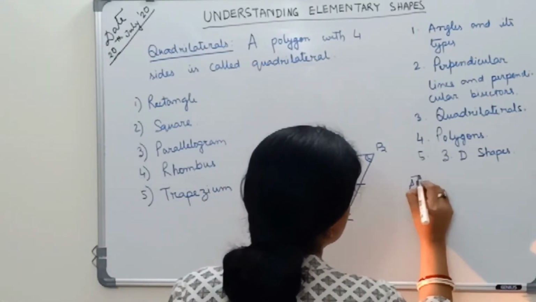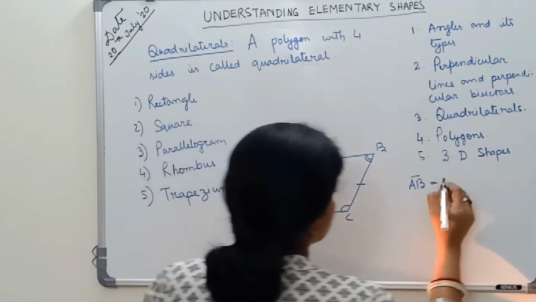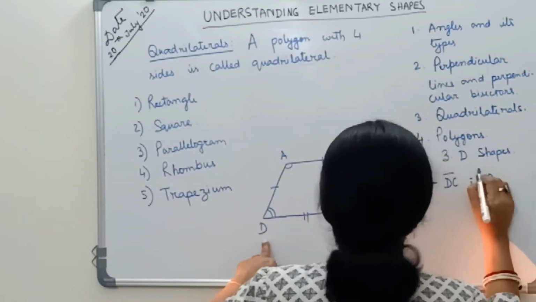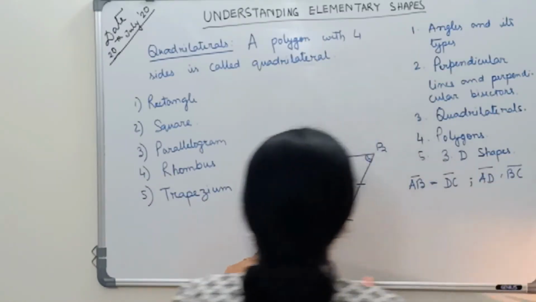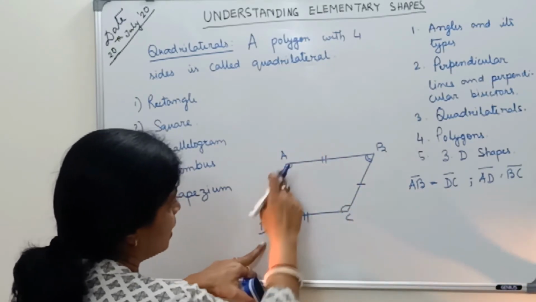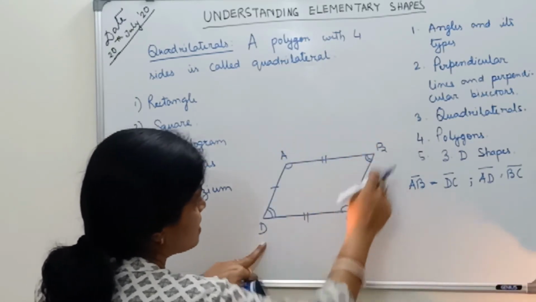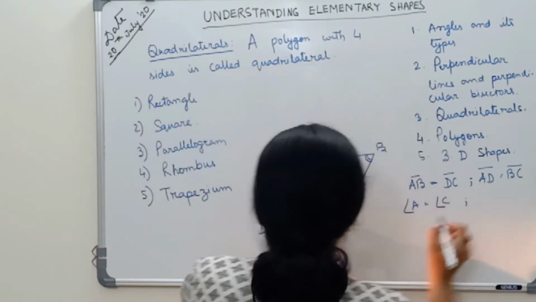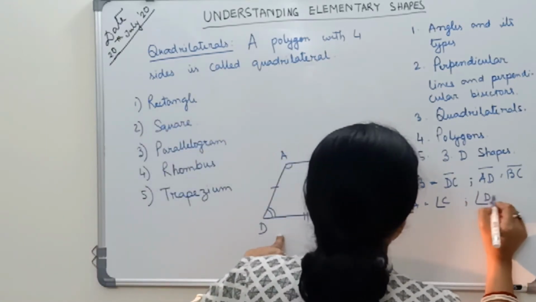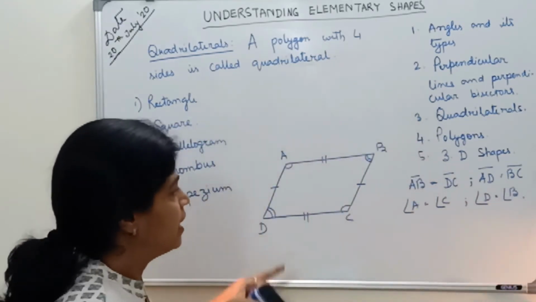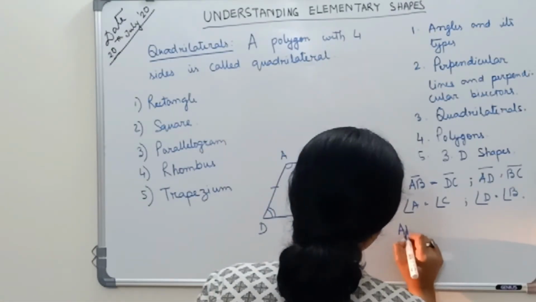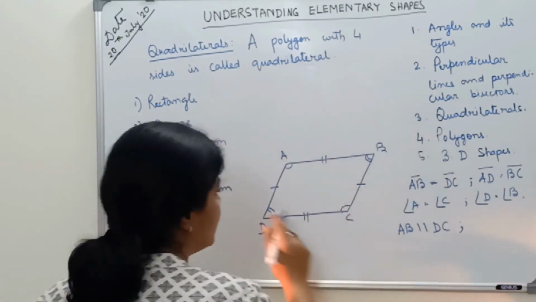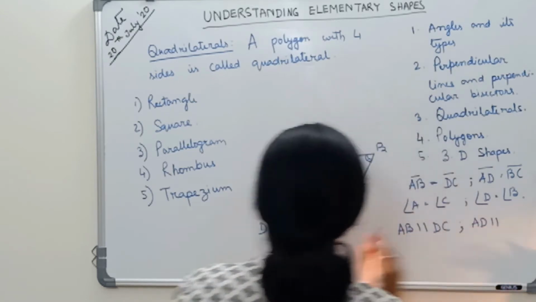Here side AB is equal to side DC, and AD is equal to side BC, and angle A is equal to angle C and angle D is equal to angle B, and the third point is AB is parallel to DC and AD is parallel to BC.